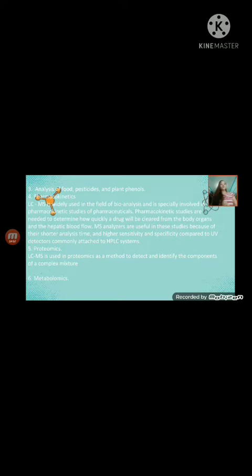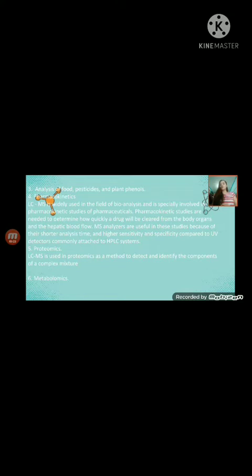Mass spectrometry analyzers are used in these studies because of their shorter analysis time and higher sensitivity and specificity compared to the UV detector commonly attached to a high performance liquid chromatography, or HPLC, system.